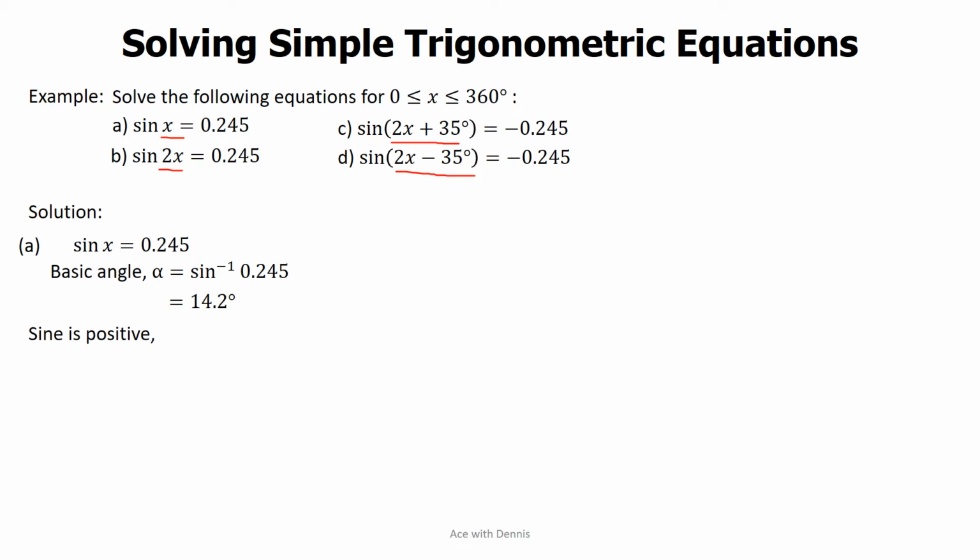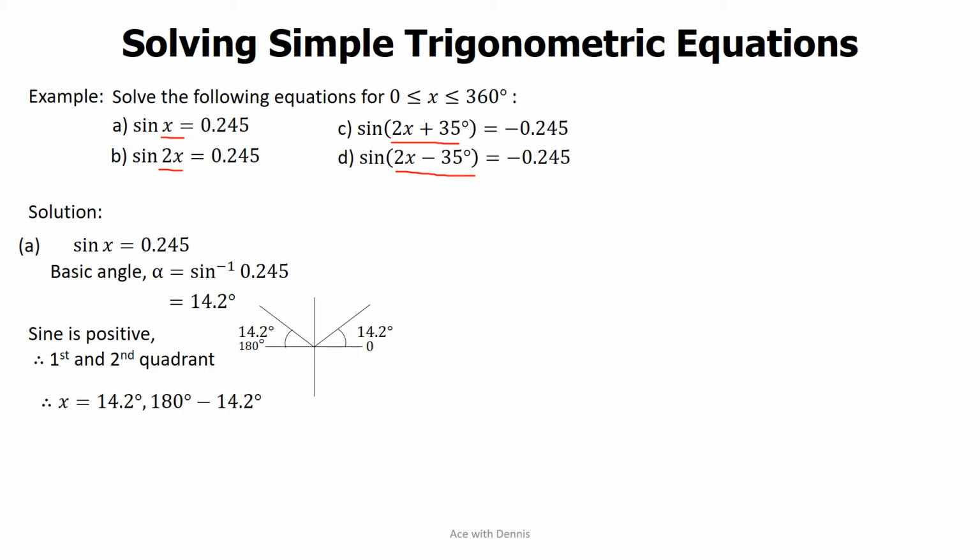And we know that sine is positive in this case, so it will be in the first and second quadrant. Now you can draw this diagram to see the whole picture. So the base angle is this angle 14.2 degrees, and also this angle 14.2 degrees.